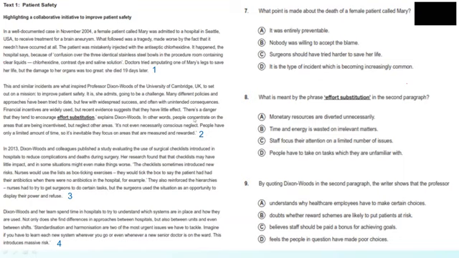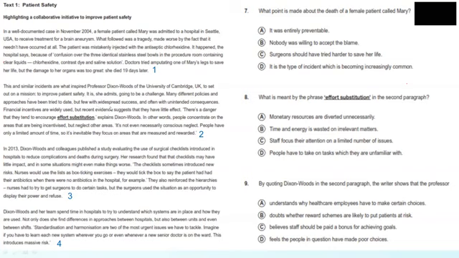Can you determine where you found the meaning of this answer in the paragraph?